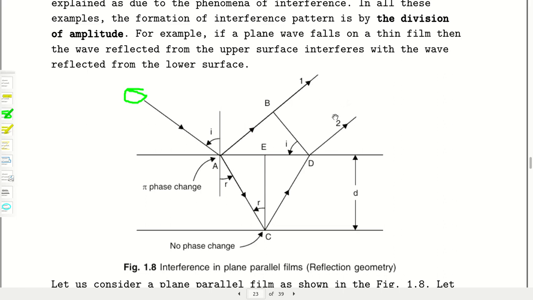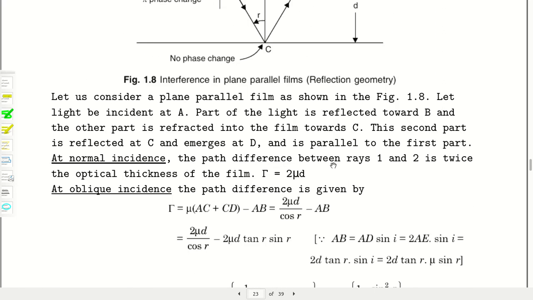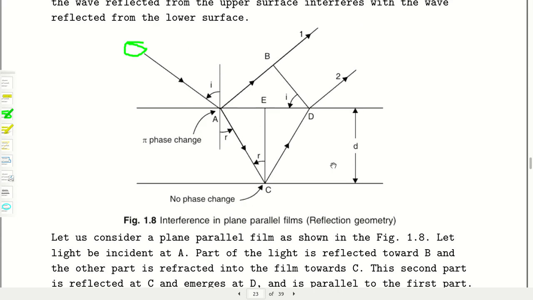Okay, so let us first calculate the path difference between lights 1 and 2. For this, a normal is drawn on the AB light, which is BD or DB. The angles are deduced using simple trigonometry. You can do it on your own. What is the path difference?